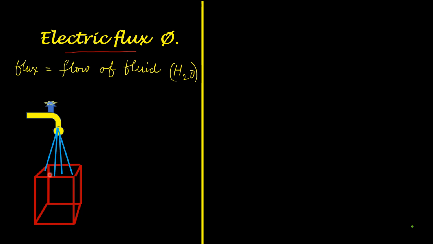If the mouth of the vessel is narrow, then some amount of water may not enter the vessel, it will flow outside the vessel. So the amount of water collected in the vessel, that is the flux of water, will depend upon the magnitude of the area which it has to cross.